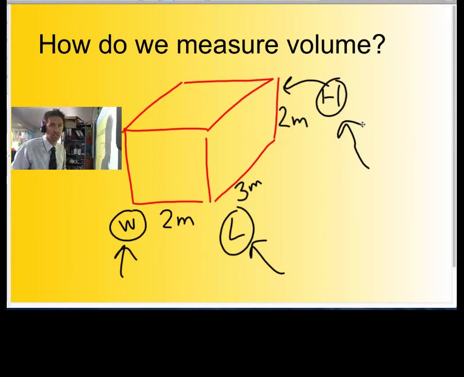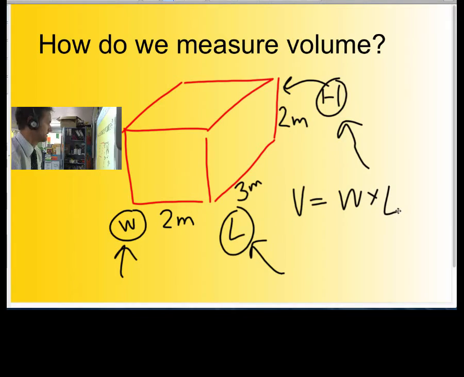So when we do this measurement, we've actually got to multiply all those dimensions together. So volume, V, equals width times length times height. Okay, and what's the width here?